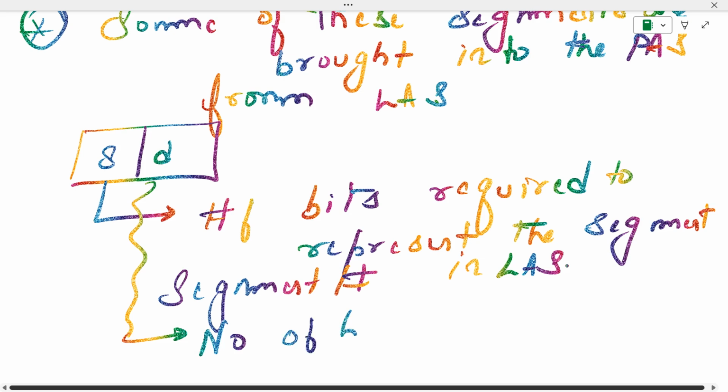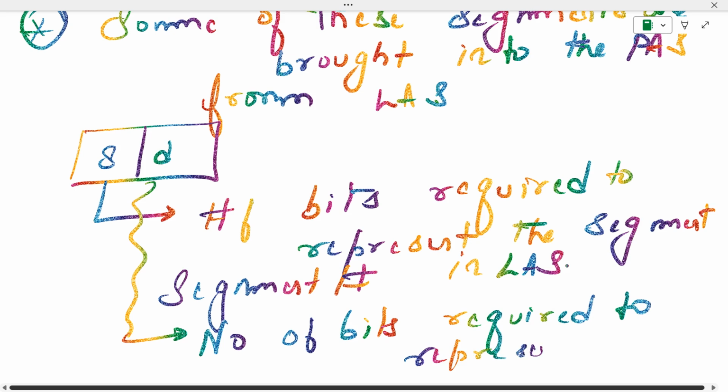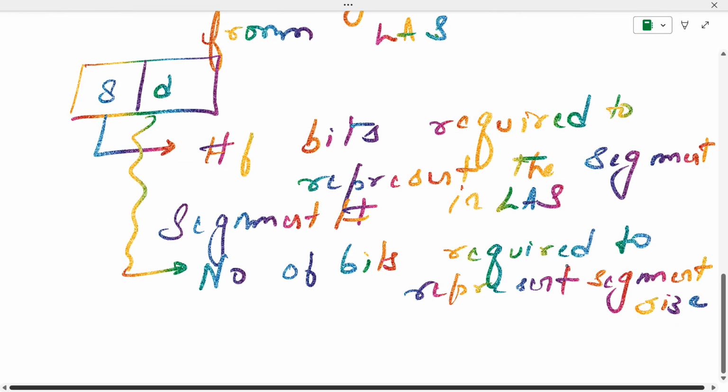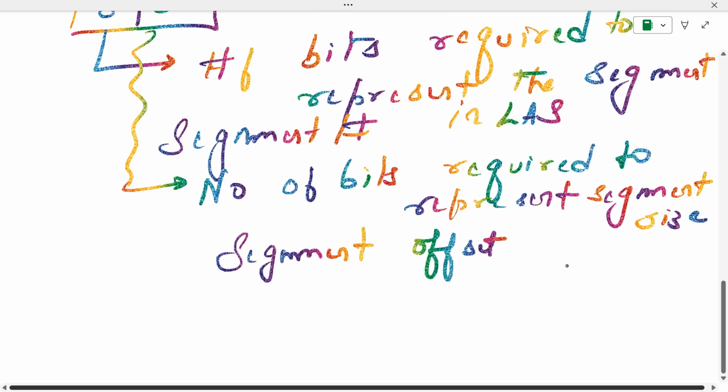So D is the number of bits required to represent the segment size. It is also known as the segment offset, or we can say word number of segment.